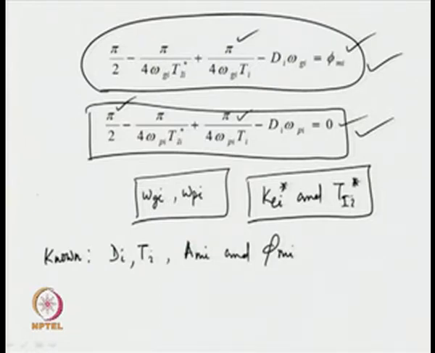What are the unknowns? Unknowns are omega gi, omega pi, the crossover frequencies, and the proportional gain KCI star and the integral time constants TII star. So, with the 4 equations, 4 unknowns can be evaluated.